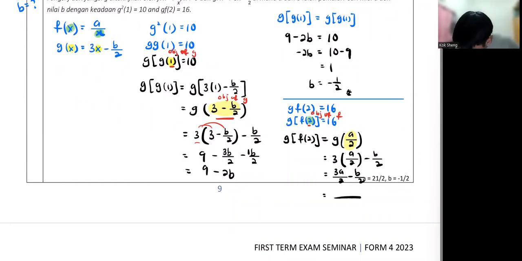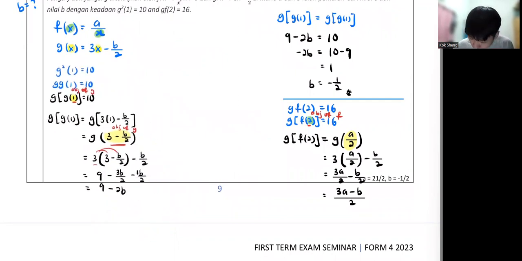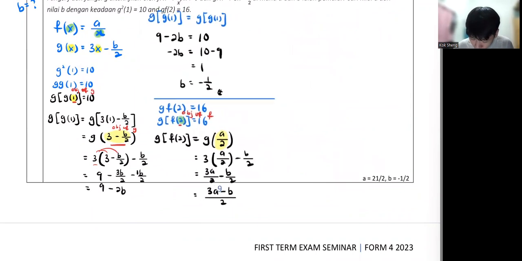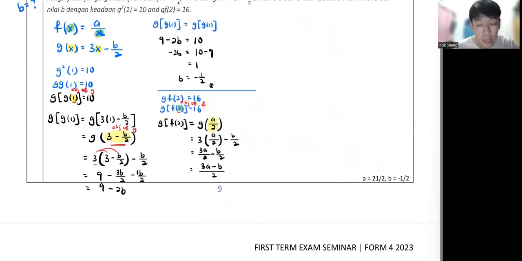So these two have the same denominator. Give it some space here. Okay, nice, more space. You can see the working. If you can see, let me know.